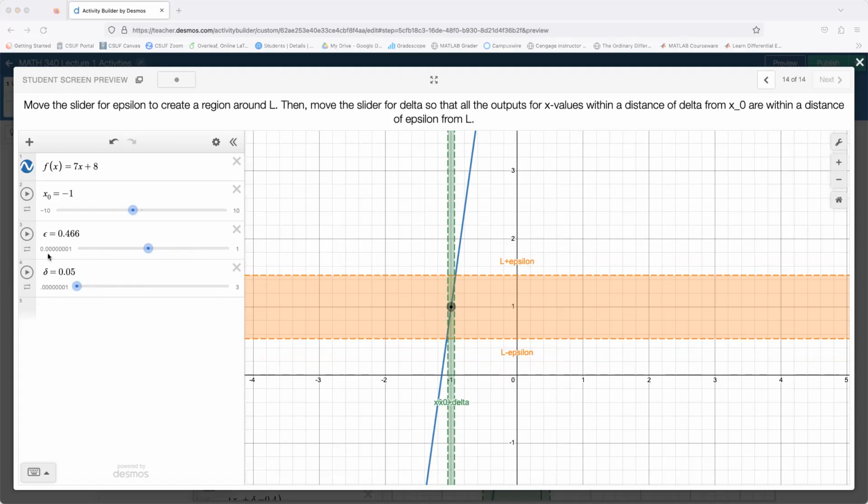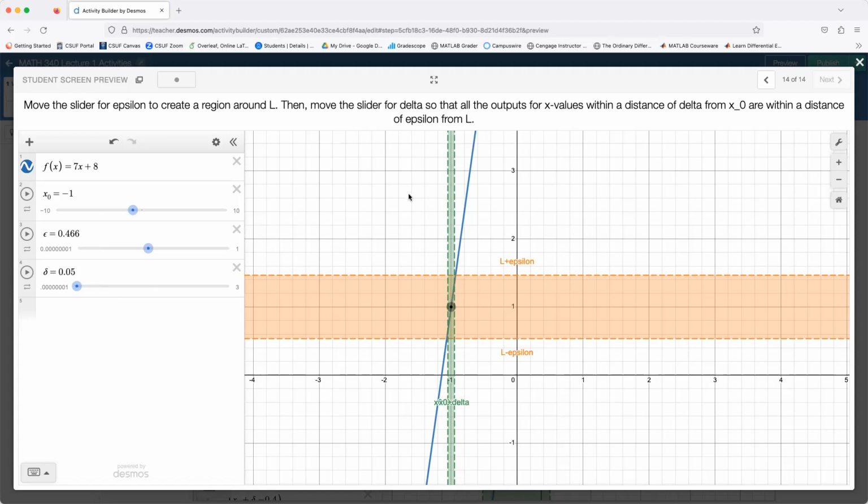That tells us that because epsilon can be anything, we can't really say a specific value. But because for each epsilon we're going to need to update delta, delta is going to depend on epsilon. So when we figure out what delta should be, it's going to have an epsilon in it, because depending on how small epsilon is, we'll need to make delta smaller, depending on how epsilon can change.